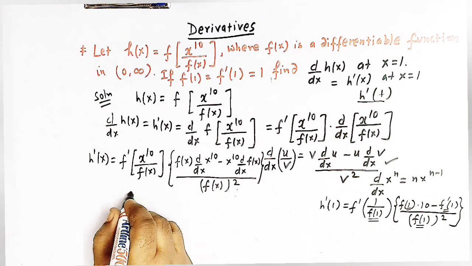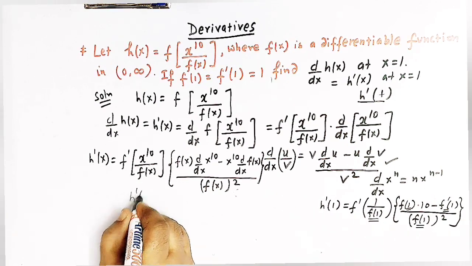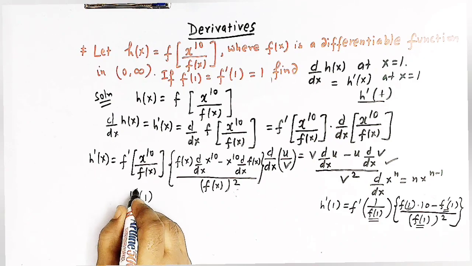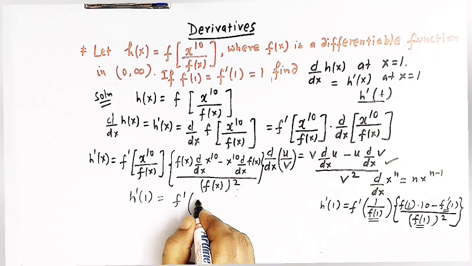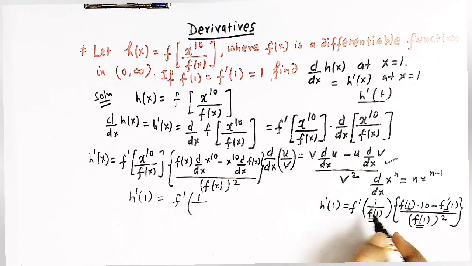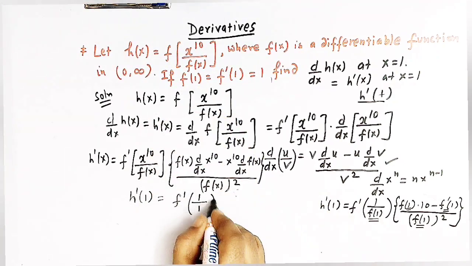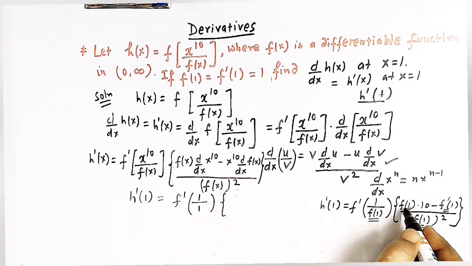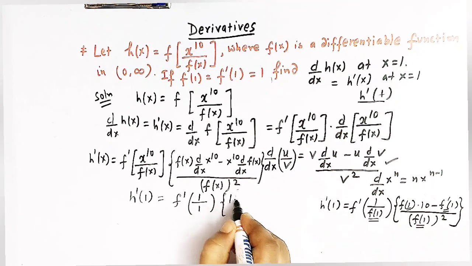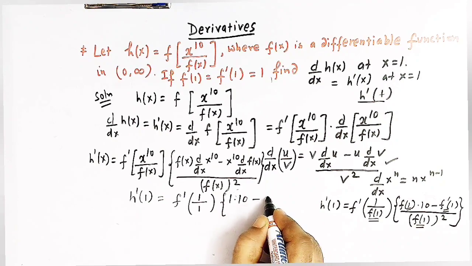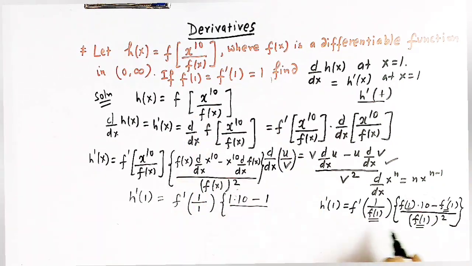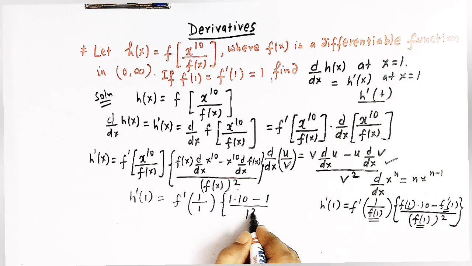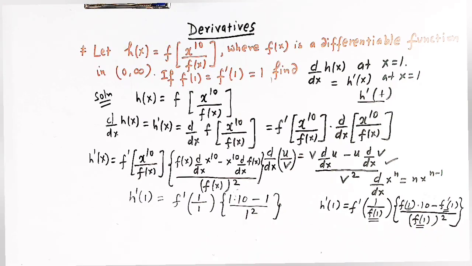Now we have h prime of 1 is equal to f prime of 1 over f of 1, which is 1, then f of 1 is 1, 1 times 10 minus 1, because f prime of 1 is also 1, and then here we have 1 square, right?